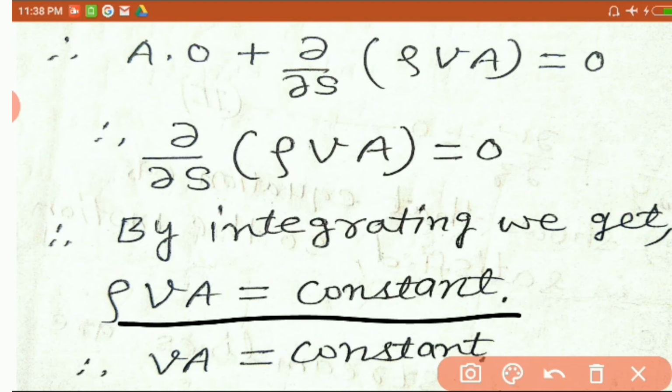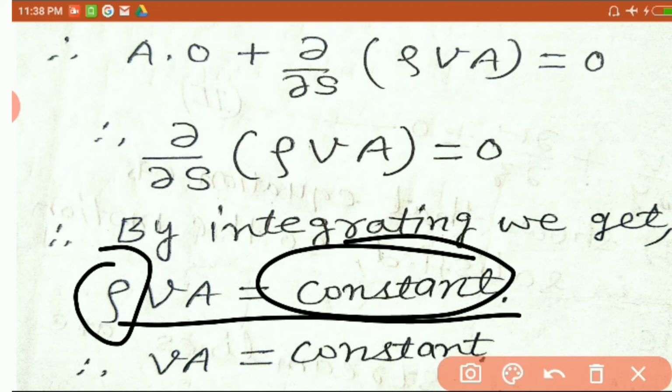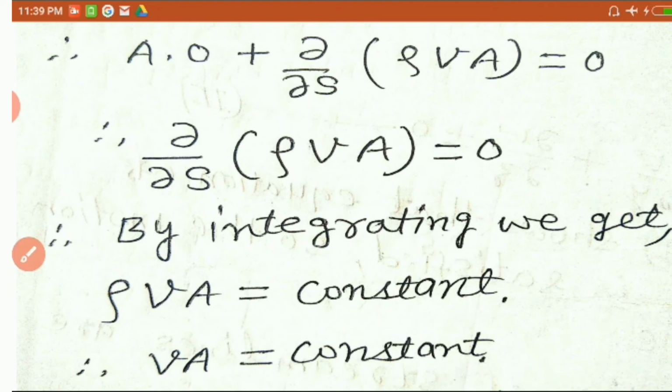Since rho is constant and this is also constant, v a is constant. What does that mean? This means the volume of the fluid crossing every section per unit time is constant. Hence we solve this problem.